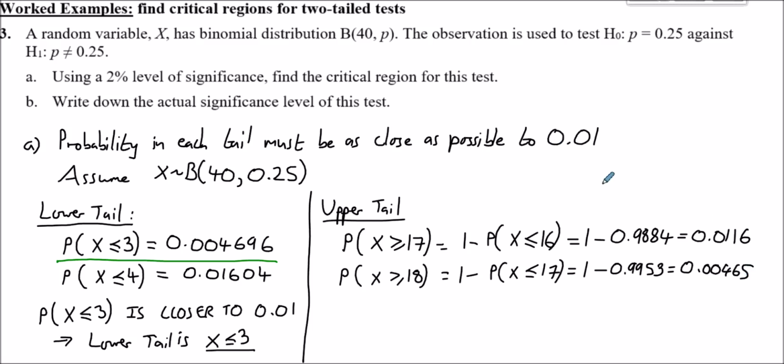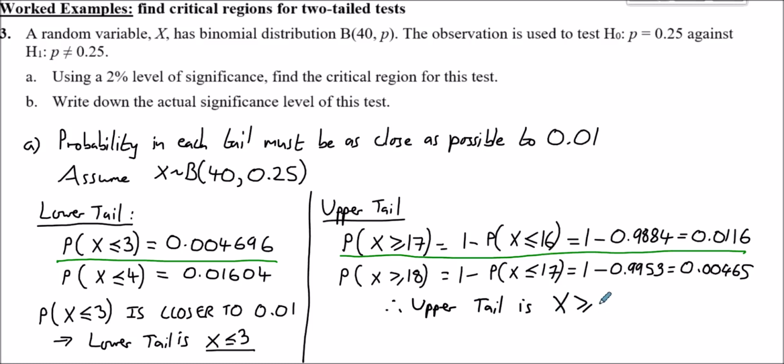The closest one to giving us a tail of 0.01 is this one here. So therefore, the upper tail we can take to be X being 17 or greater.